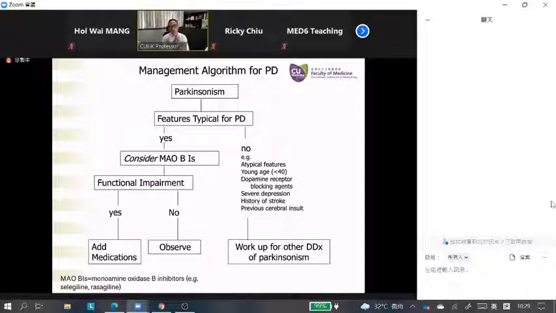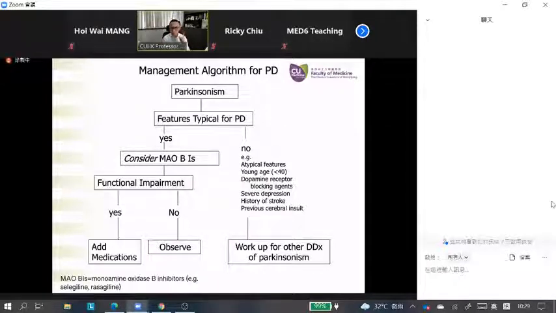So if it's the right age with a one-sided resting tremor, classical bradykinesia and rigidity, very typical, with no atypical features, then usually I'm happy and there's no need to do any neuroimaging. But in case you're not sure, we can consider an MRI first, and then we can do dopamine transporter SPECT imaging. I won't dwell on this, but for a typical case, no need.